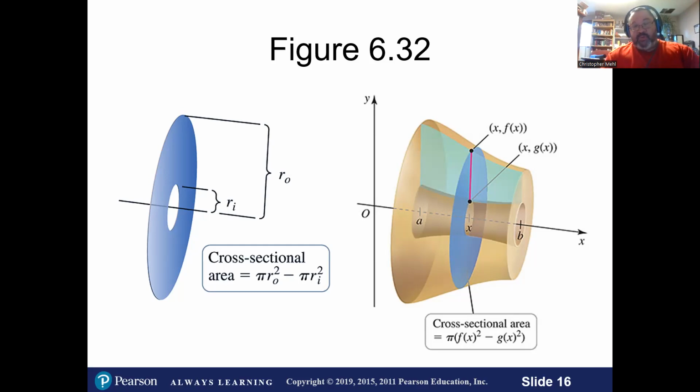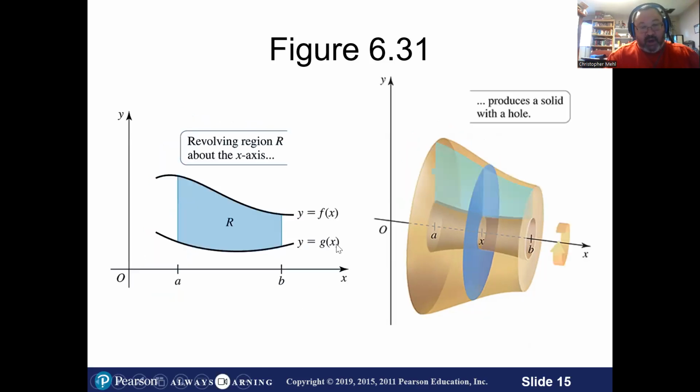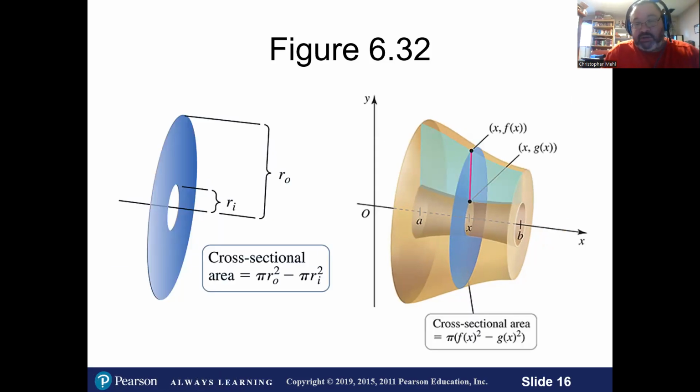And so what we do is we take the cross-sectional area, pi times, now the inner radius is given by that bottom curve. If we go back to our picture here, the bottom curve is g of x, and the outer radius is the upper curve, f of x. So our cross-sectional area is pi times f of x squared minus g of x squared.